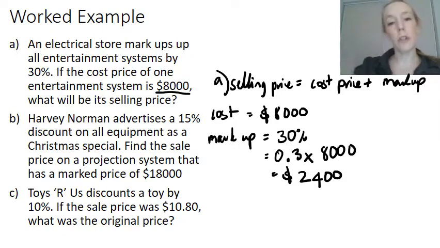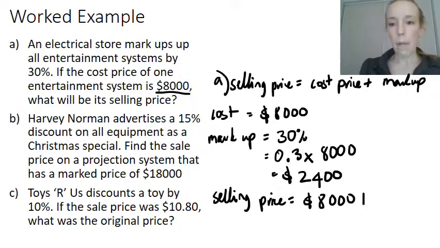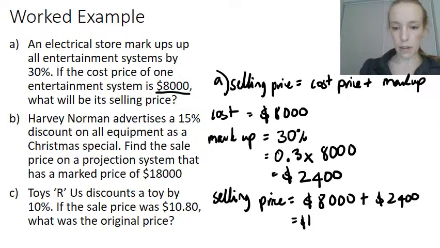So then we can just substitute those numbers back into our formula. Our selling price is our cost price, which was $8,000, plus our markup, which was $2,400, and that will give us a selling price of $10,400.